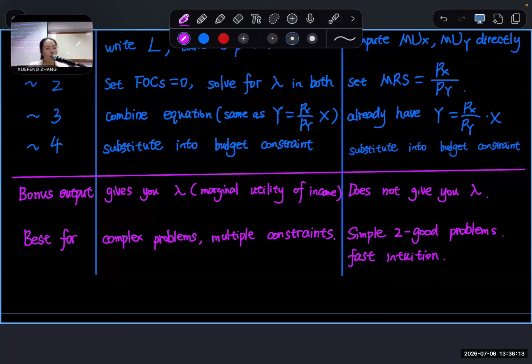Okay, so for exams with simple two-good Cobb-Douglas problems, the MRS method is faster. Fewer steps, less algebra. But if the question asks you for lambda, the marginal utility of income, or if there are more than two goods, but that is not for you guys, you need Lagrangian, okay?